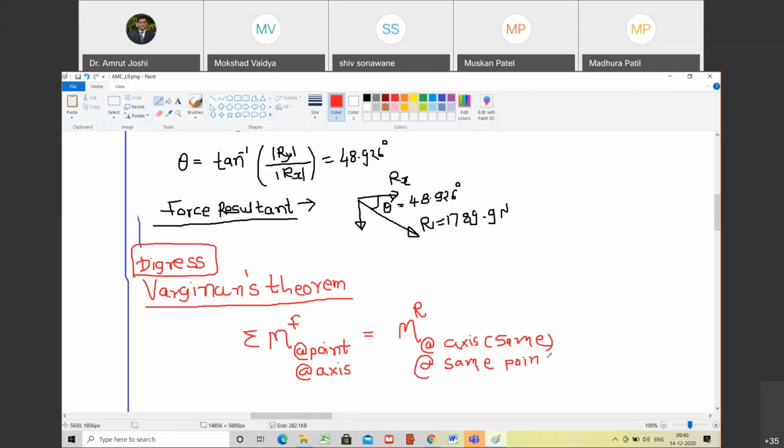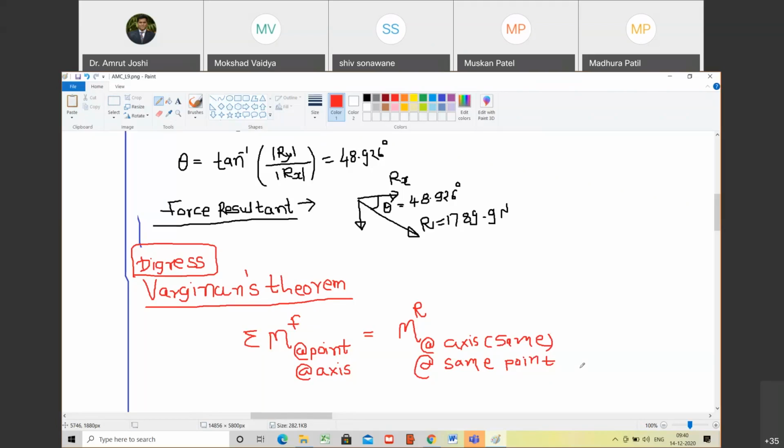Now in books you will get a variety of wordings. But forget about this. We have to understand Varignon's theorem conceptually, and we should write down the definition in our own words. So I will repeat the definition, and then I will ask a few of you to check whether you have understood or not.